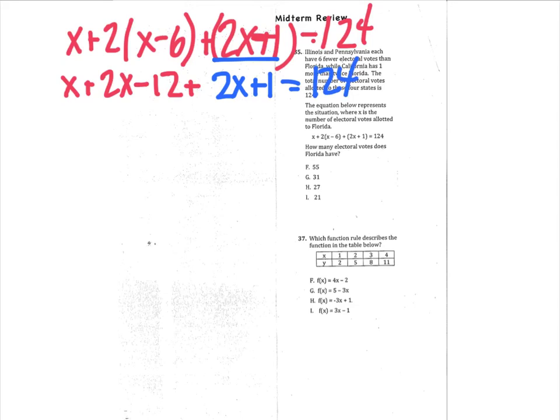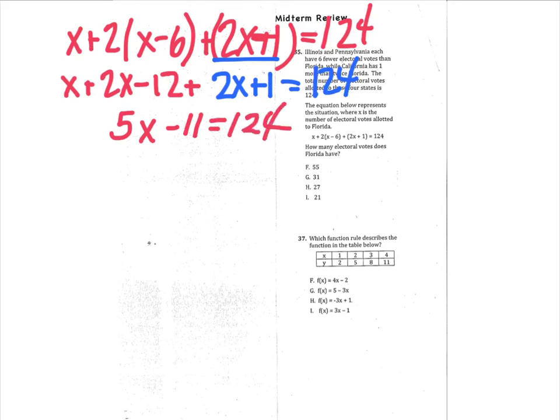And now I'm going to be combining like terms. So I see 1, 2, 3 terms with x on the left. So I have x plus 2x, that's 3x, plus 2 more x, that's going to give me 5x. And then I have negative 12 plus 1, that's going to be negative 11.